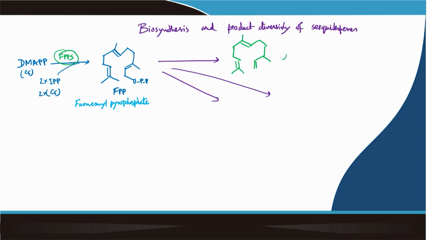This is alpha farnesene. So, apart from this, another major structure which is of common occurrence is beta caryophyllene.